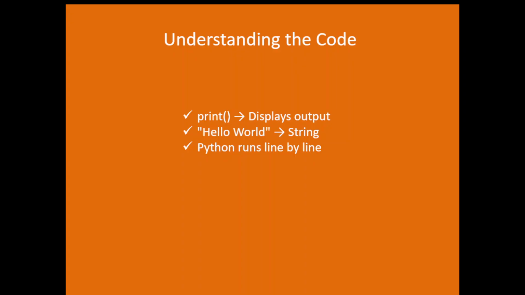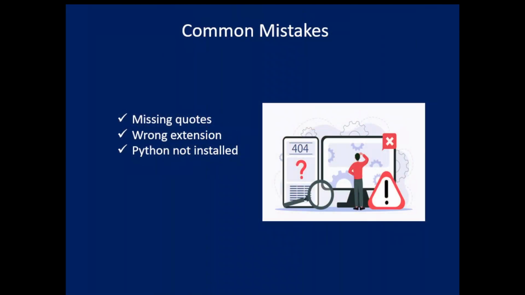Python runs your program line by line. So if I get an error in the next line, it will stop there and throw an error. Whereas in Java, it compiles the program in one go, and at the end it displays all the errors. In Python, that is not the case.